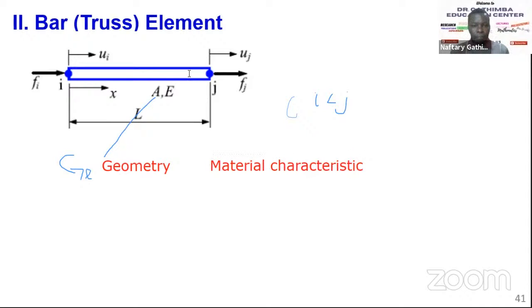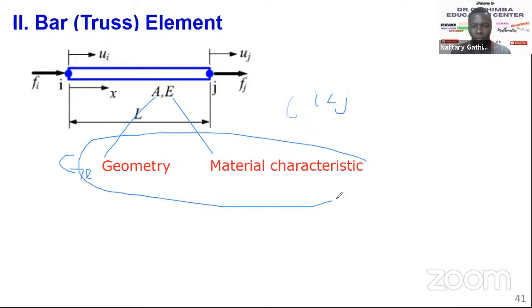E is Young's modulus. And the combination of these two is what gives the stiffness, the rigidity of our structure.